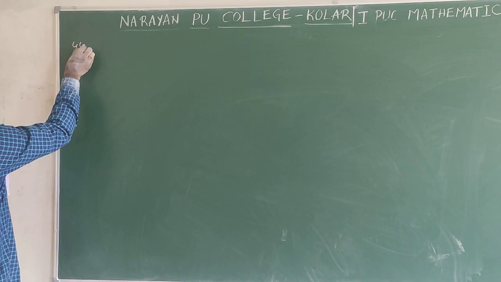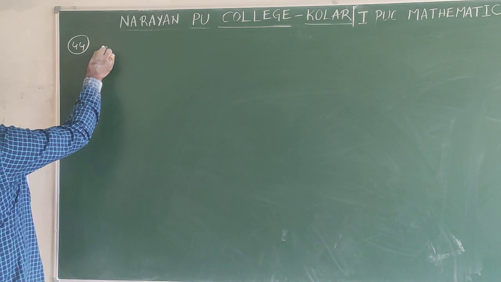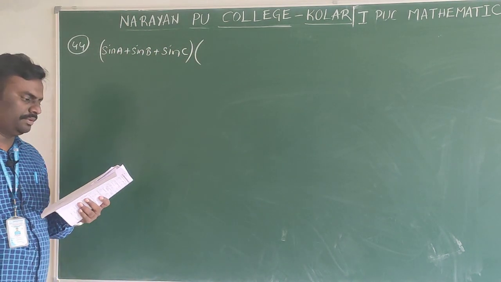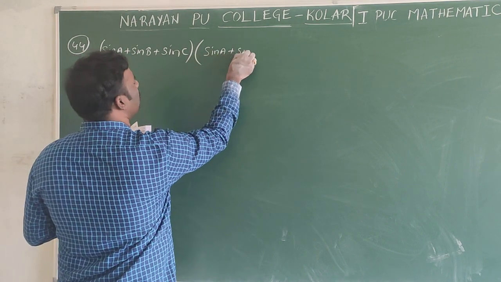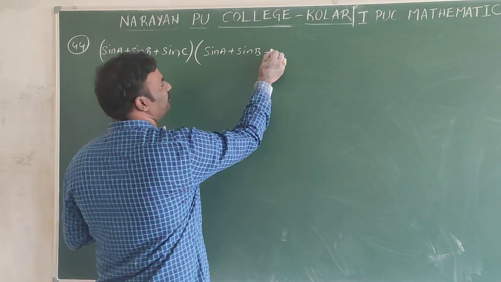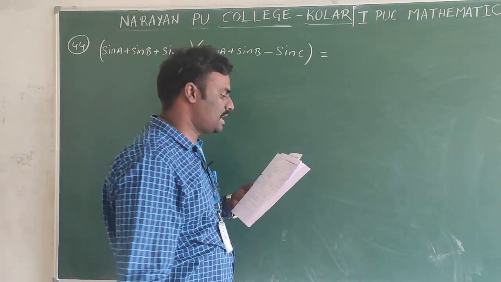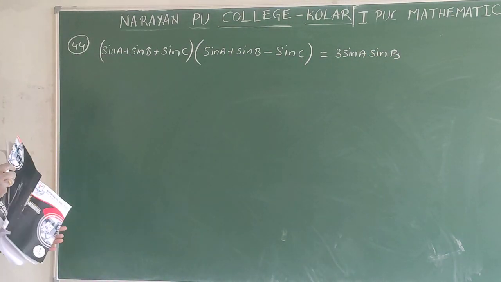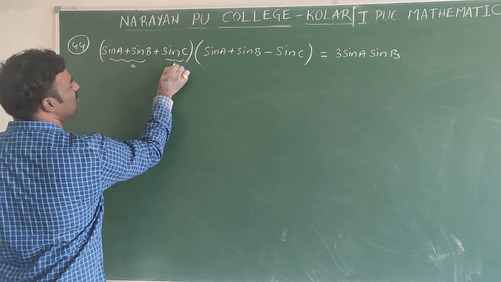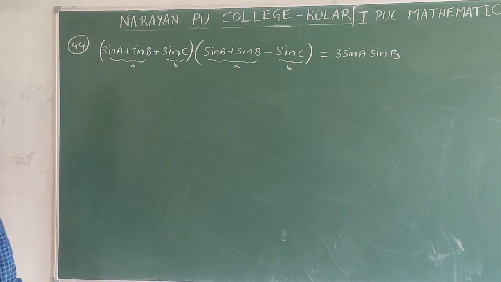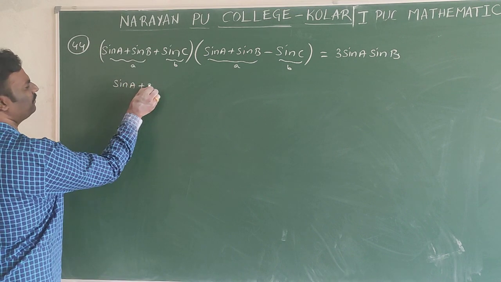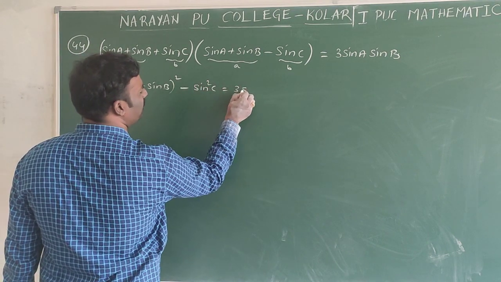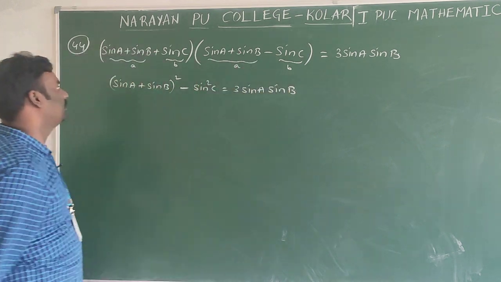Next, question number 44. If in any triangle sin A plus sin B plus sin C into sin A plus sin B minus sin C is equal to 3 sin A sin B, then we need to find angle C. See, I apply the formula of A plus B into A minus B: A square minus B square, equal to 3 sin A sin B. Now it is in the form of A plus B whole square.